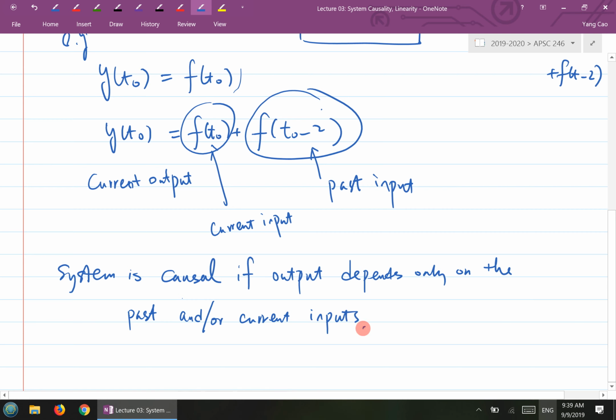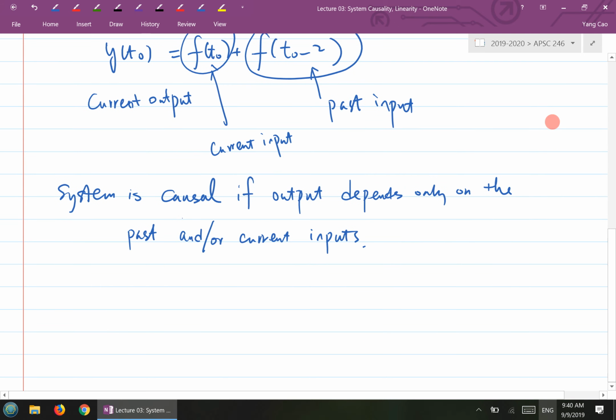No future inputs got involved here. That means it's causal. Whenever your system actually depends on future inputs, the output of the system depends on future input, then it becomes a non-causal system, something called acausal.